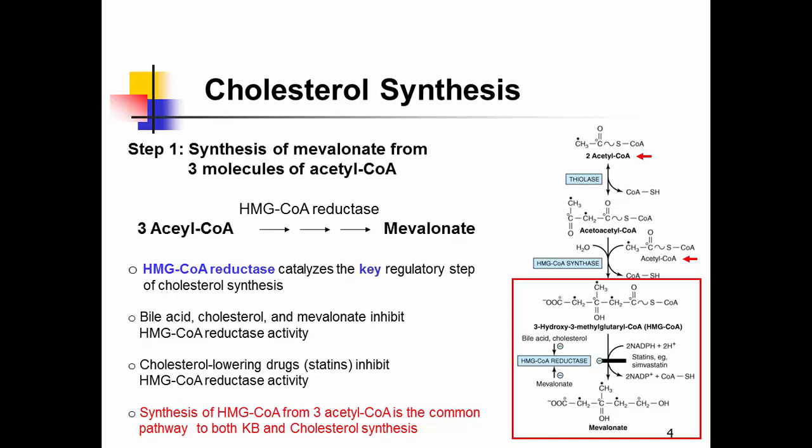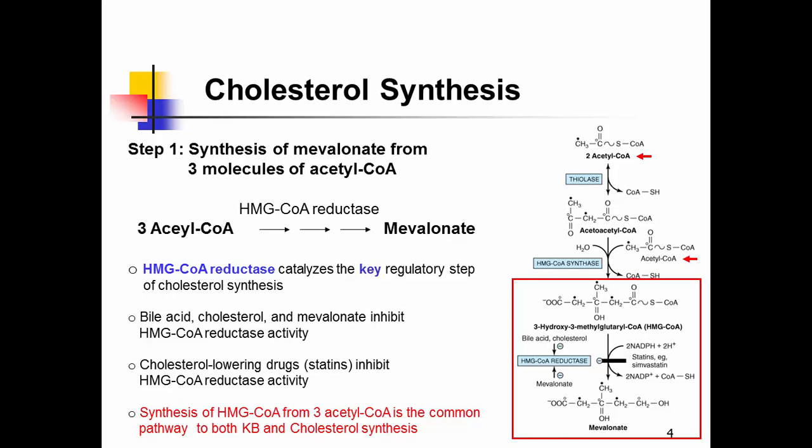And HMG-CoA reductase again is a key enzyme, and this first step is common for both ketogenesis and cholesterol synthesis, right? And HMG-CoA reductase can be regulated by substrate and hormones.